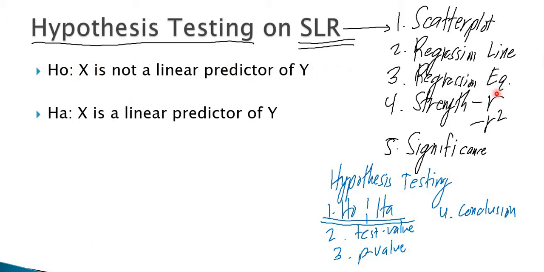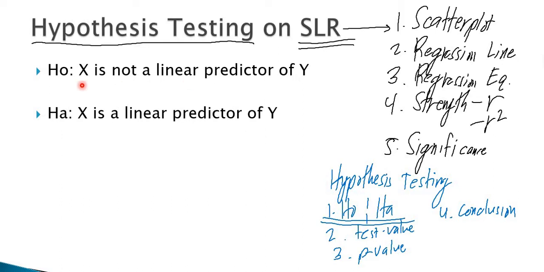If you're only using R, then we cannot have this. But since we are using rather the entire regression, then we can say that X might be a linear predictor of Y, or that X might cause Y. But of course, our null is that X is not a linear predictor.